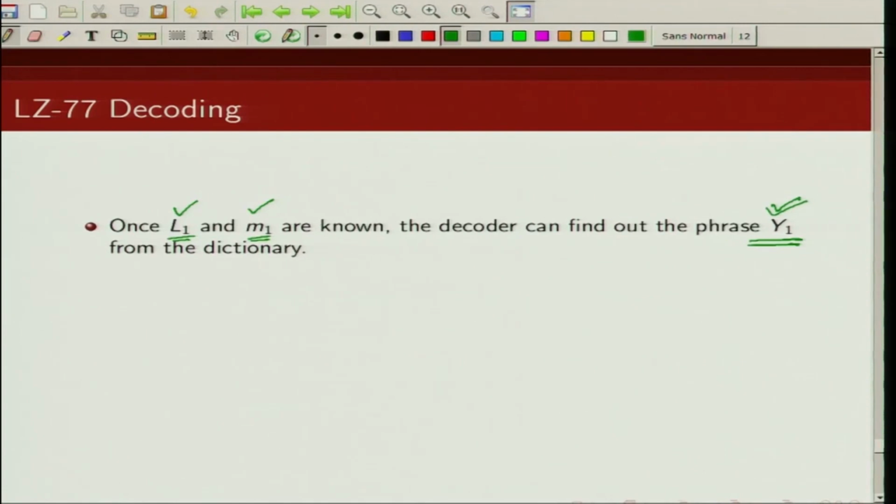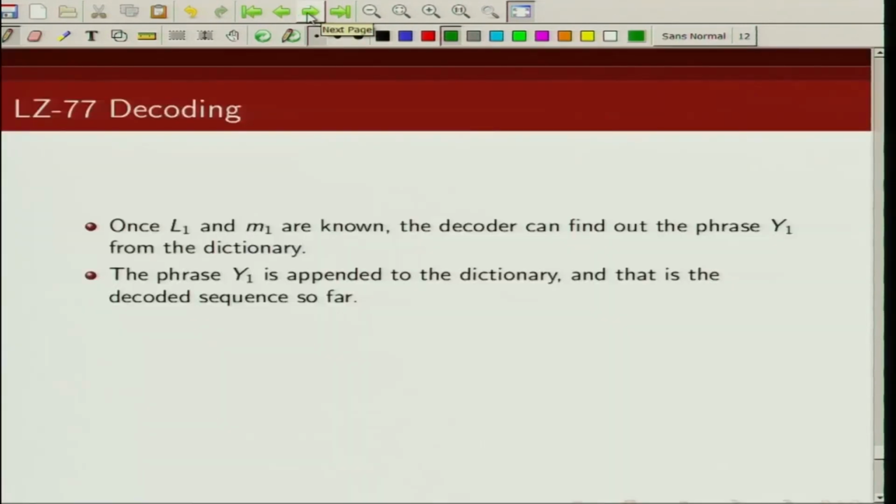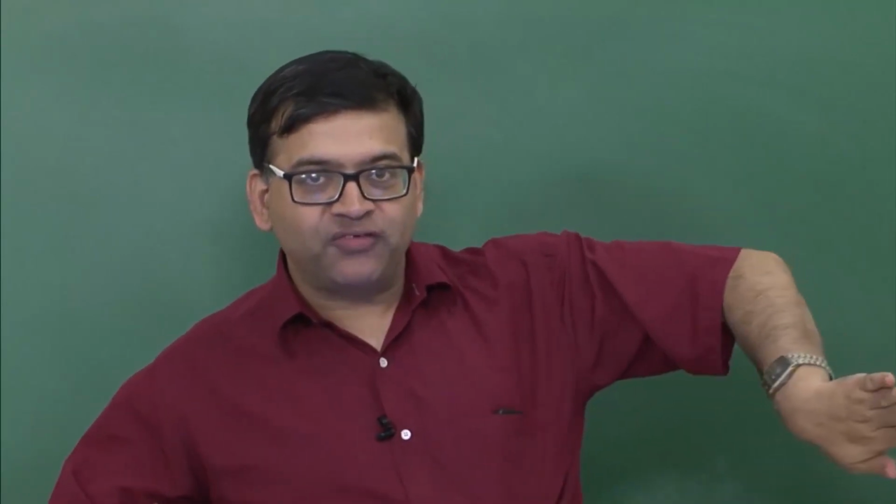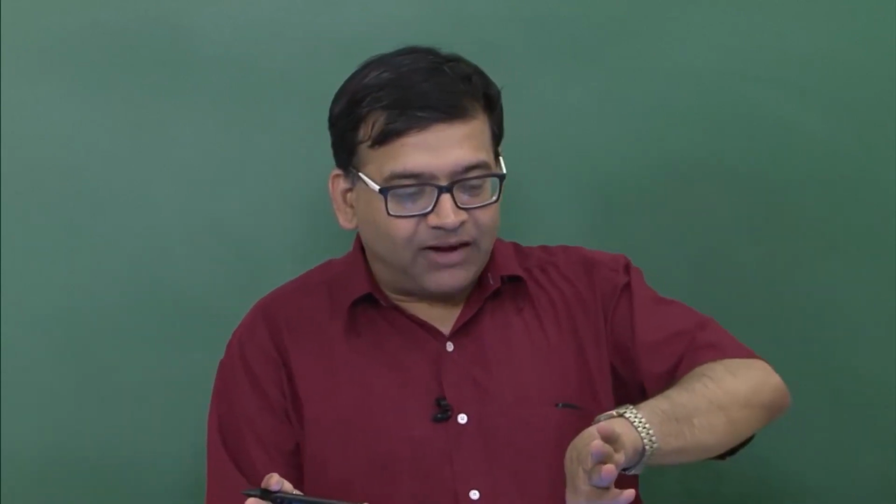So I can find out Y1. Once I find Y1, the next step is to append this Y1 to my dictionary and remove the old L1 entries from the dictionary.